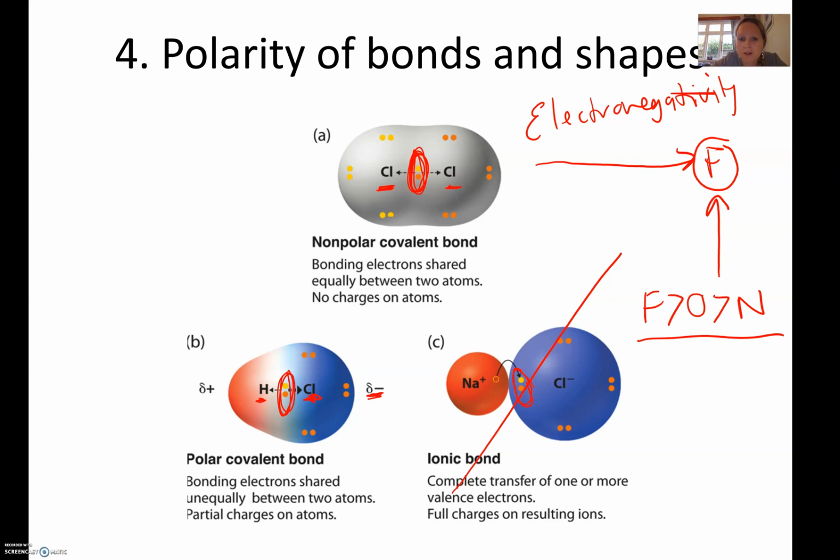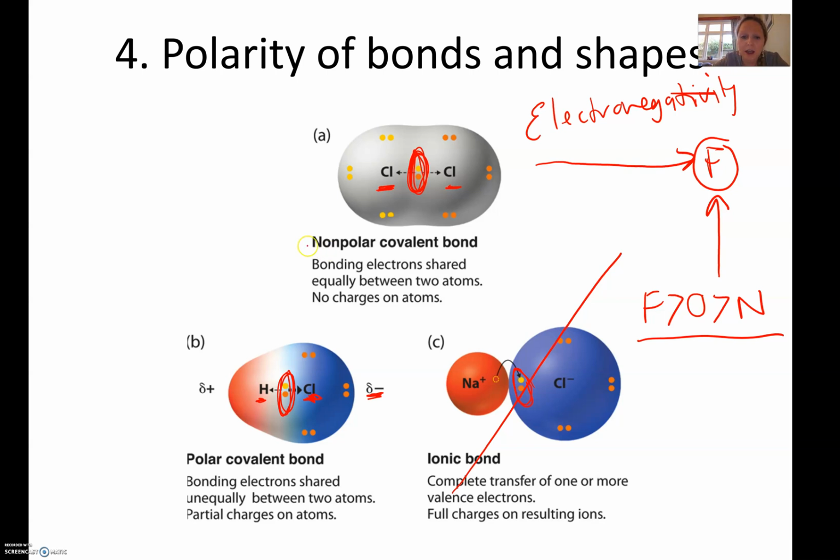The why of that is actually to do with the number of protons in that element's nucleus and the size of the atoms. Those are principles that you learn at level 3. If you're interested, I can explain those to people, but for level 2 you just need to know that electronegativity is an atom's ability to pull on a bonded pair of electrons, and fluorine's the most electronegative.